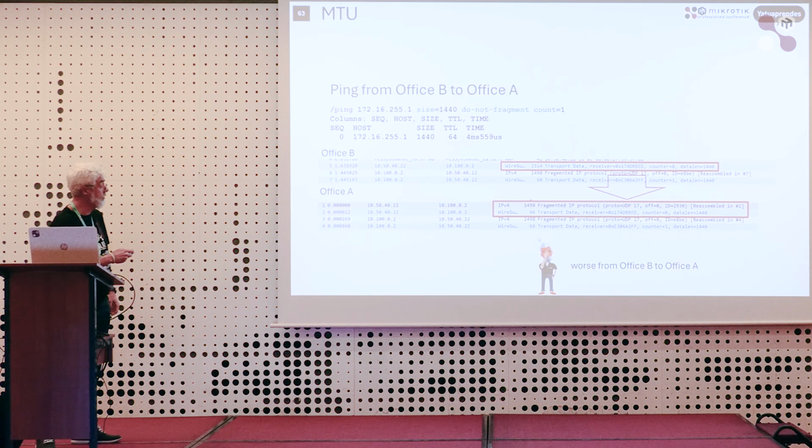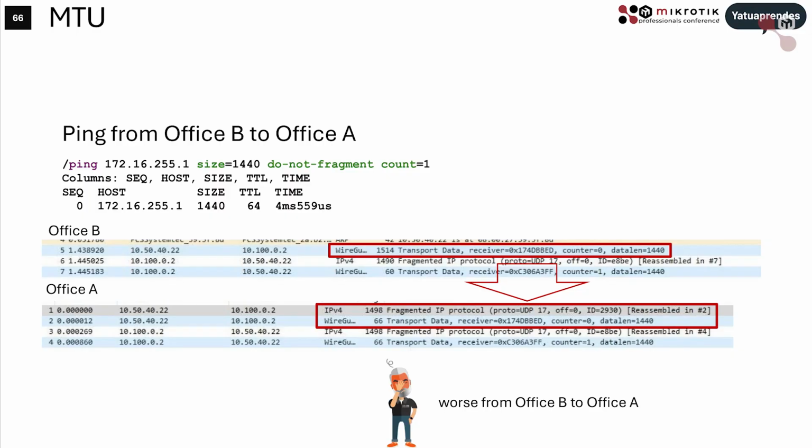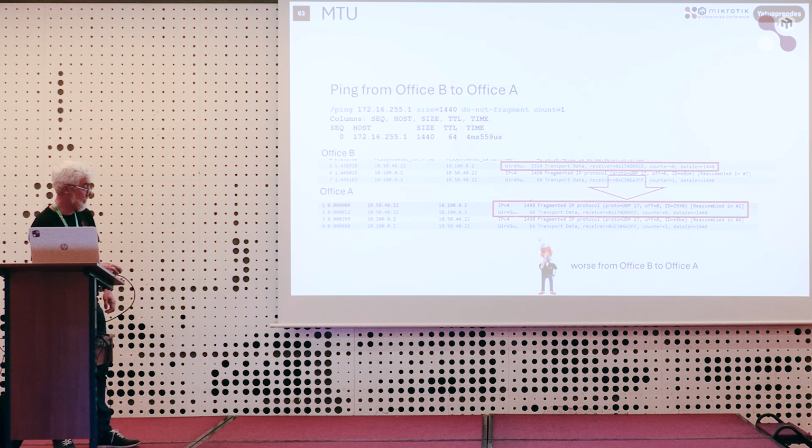Then, if we go from Office B to Office A, it's worse, because we send only one packet, but at the PPPoE server it is fragmented into 2 packets again. Okay, we get fragmentation also in this direction.